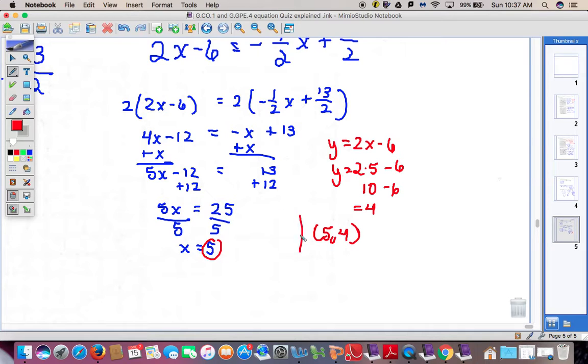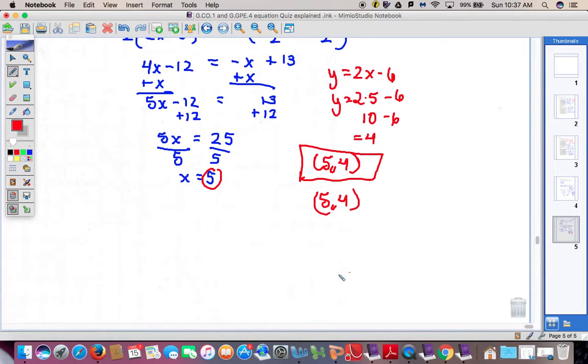Okay, so this is my point of intersection, and I'm looking for the distance between (5, 4) and my line. Well, this isn't a trick, but what is the distance between the point (5, 4) and (5, 4)? It's 0. So if I used my distance formula, I can prove it: (x2 minus x1) squared plus (y2 minus y1) squared.